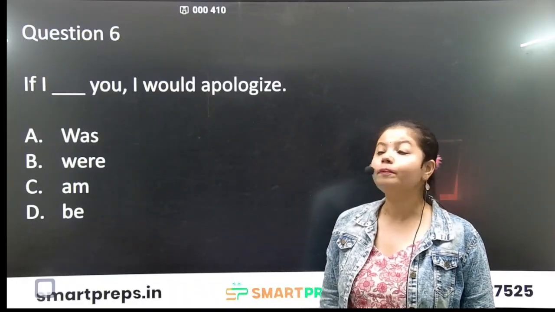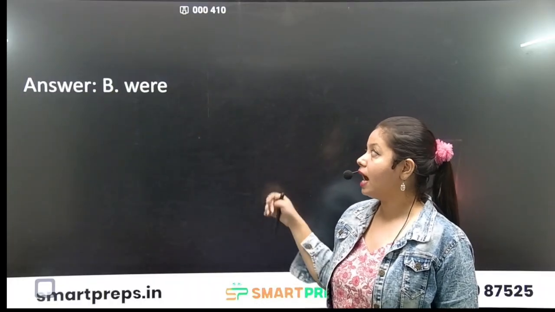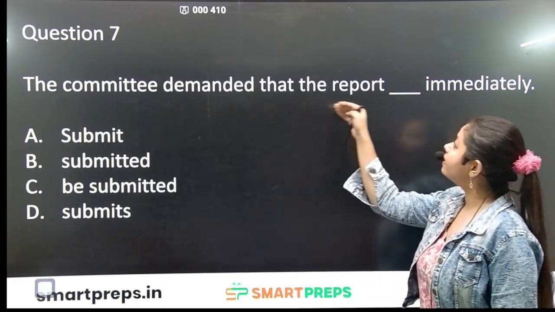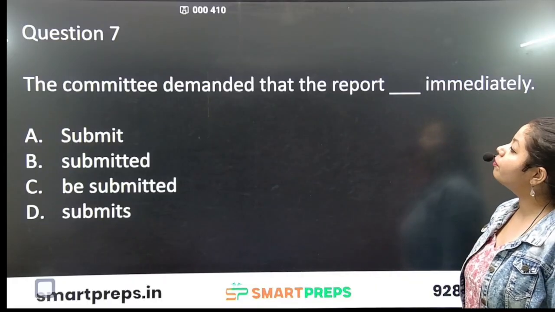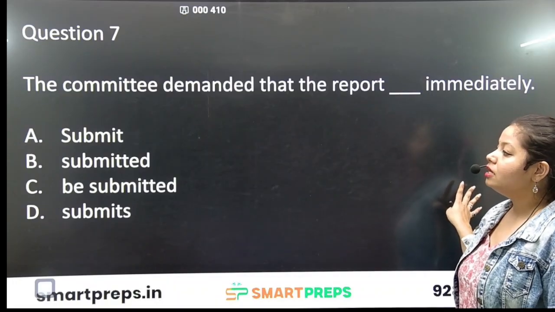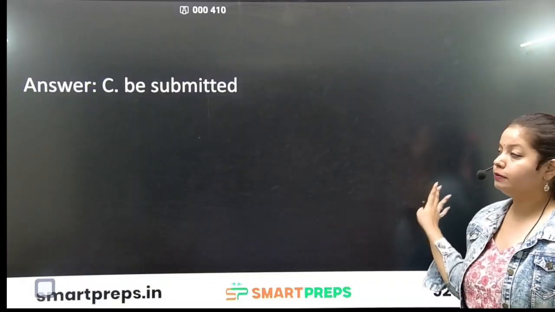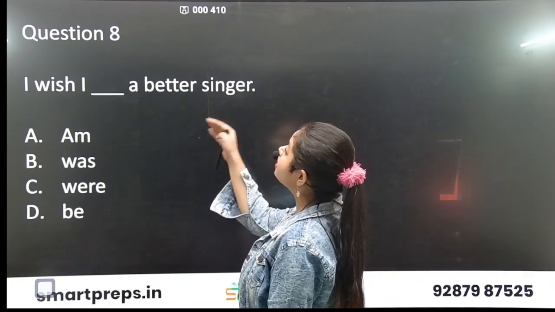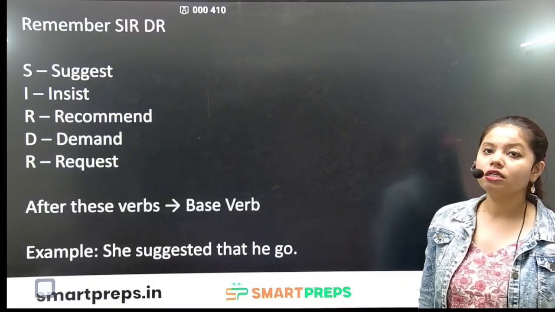If I were you, I would apologize. The answer is were. Next question: the committee demanded that the report dash immediately. Options: submit, submitted, be submitted, submits. That the report be submitted immediately. Next question: I wish I dash a better singer. I wish I were a better singer.